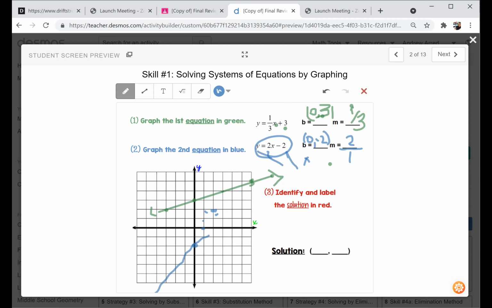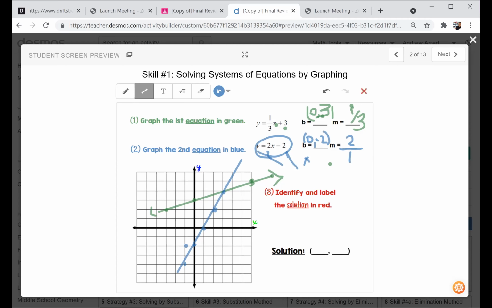I'm waiting. I'm kind of falling asleep here. Started at -2. Up 2 over 1. Up 2 over 1 is my slope triangle. Oh, I think I got something important there. Let me extend my line. Aha.